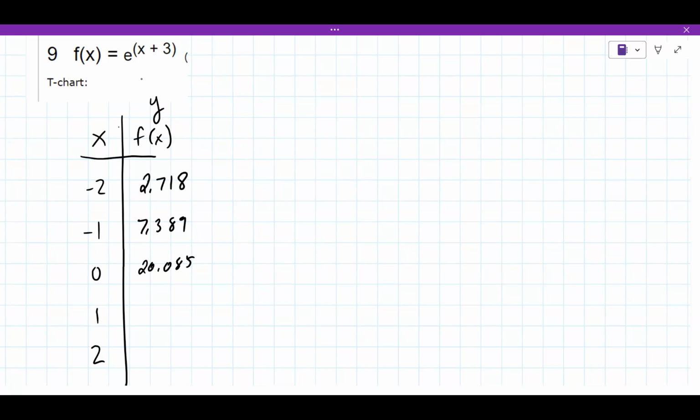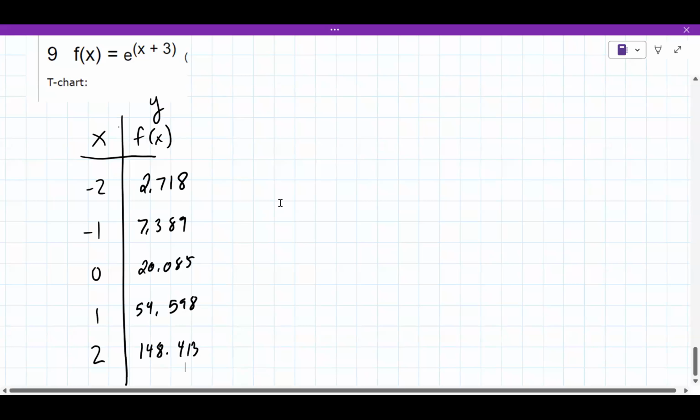With 1, it's going to be 54.598. And okay, lastly, for 2, it's going to be 148.413. Good. Okay, fantastic. Now, you can see the numbers get large pretty quickly.